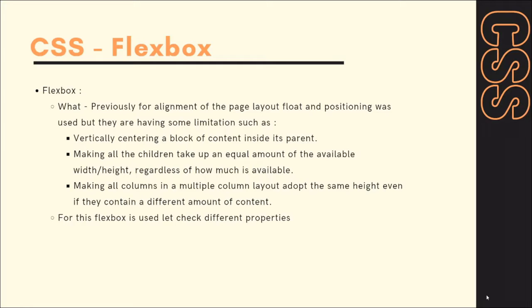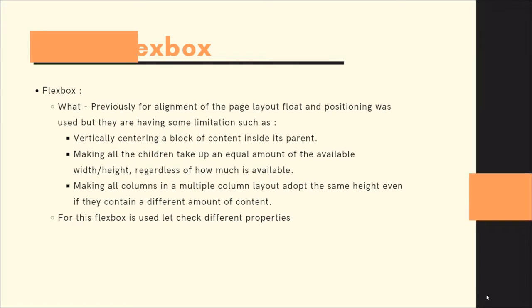So previously for alignment of the page layout, we used float and positioning, but they have some limitations such as vertically centering a block of content inside its parent, making all children take up an equal amount of the available width and height regardless of how much is available, making all columns in a multiple column layout adopt the same height even if they contain a different amount of content. For this, Flexbox is used. Let's check the different properties.